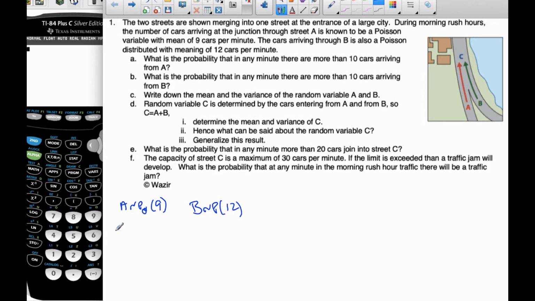Part A says we want to find the probability that A is more than 10 cars, which means it's going to be 1 minus the probability that A is less than or equal to 10 cars. Poisson distributions are discrete, so they're whole numbers, and the calculator only works from 0 all the way up to 10.